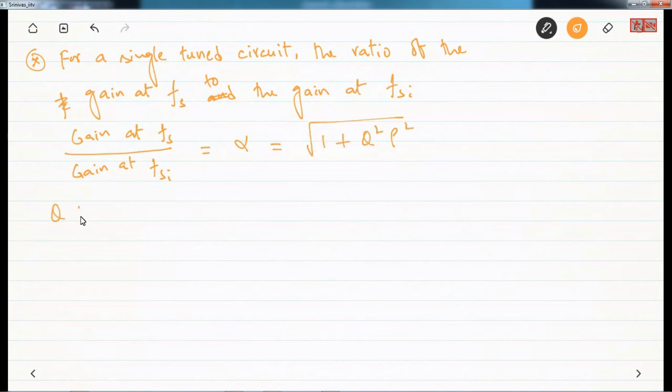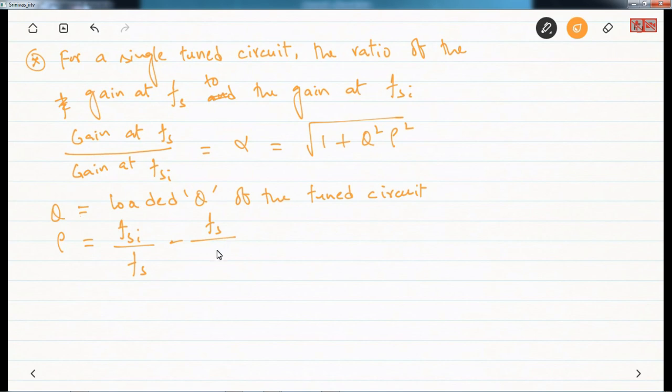square root of 1 plus Q squared rho squared, where Q is the loaded Q of the tuned circuit, and rho is defined as Fsi divided by Fs minus Fs divided by Fsi.